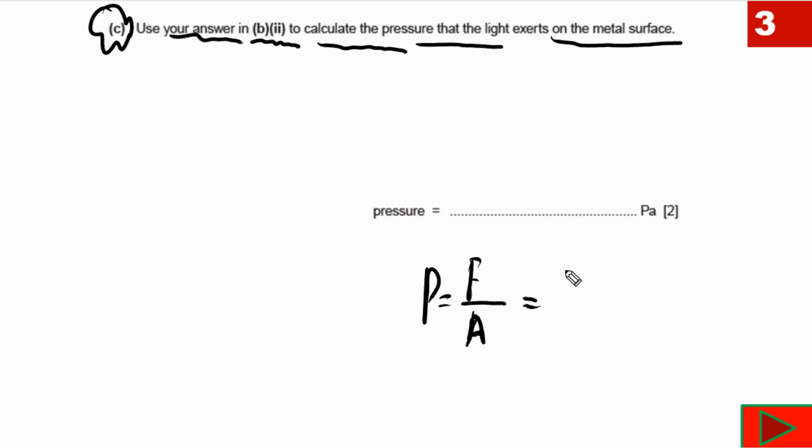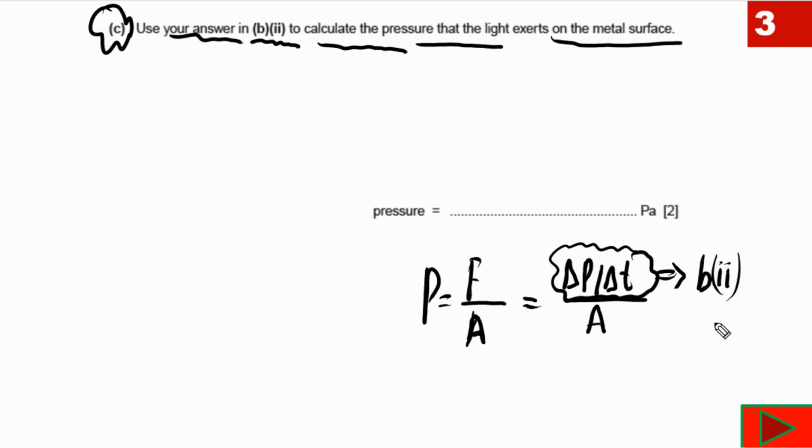So force also we understand is equal to the rate of change of momentum. We can say simply delta P over delta T. And delta P over delta T we have already calculated in part B2. So it simply means that we need to divide part B2 by the area of the surface and we will be able to find the pressure.